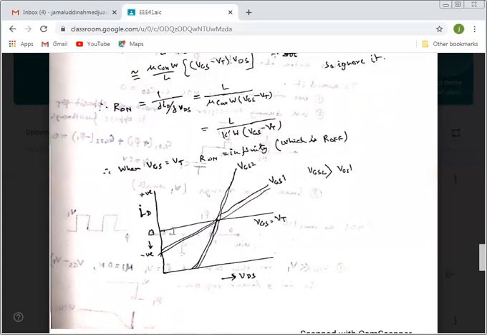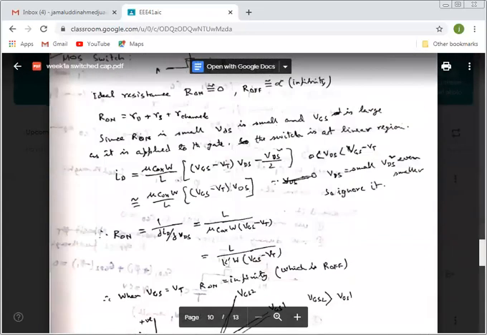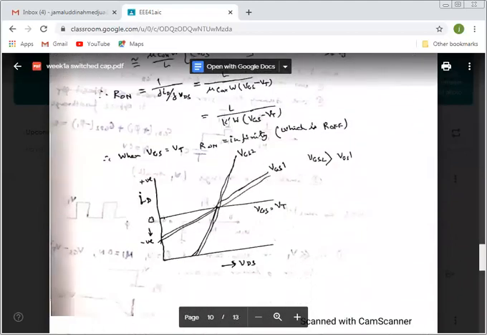If the gate voltage is lower, the characteristic becomes slower. And when VGS equals VT, there will be no current. When VGS equals VT, I will be 0.